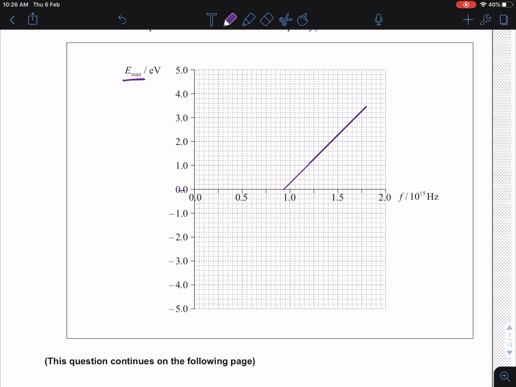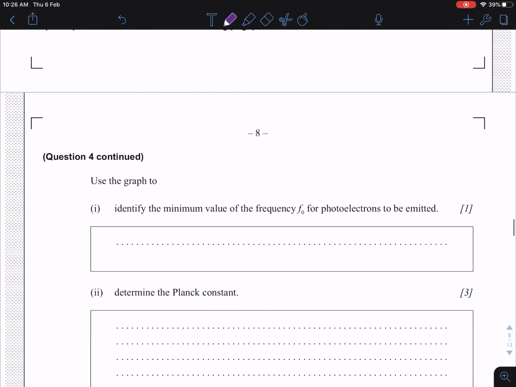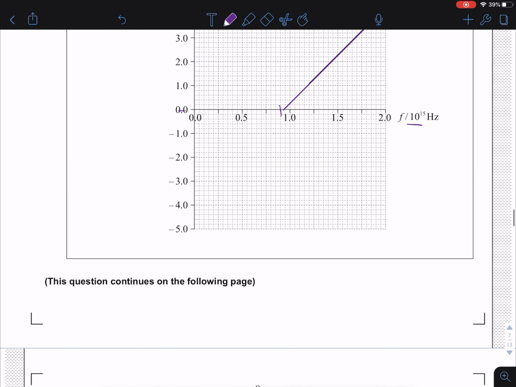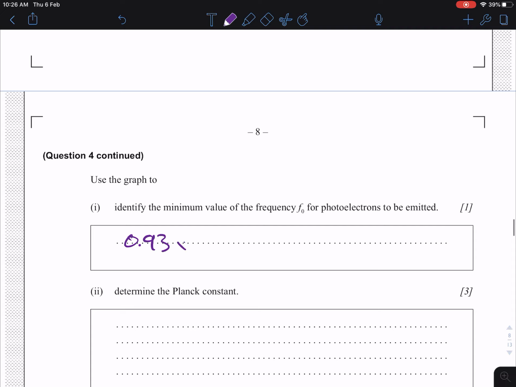It looks like it intercepts at about 0.93, and remember to look at your units, that's times 10 to the 15. So that equals 9.3 times 10 to the 14 hertz.